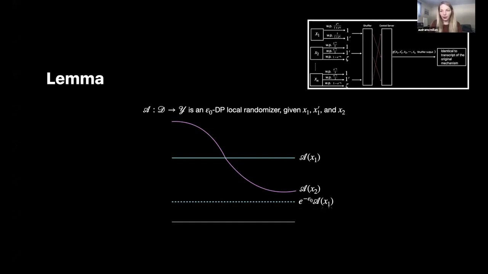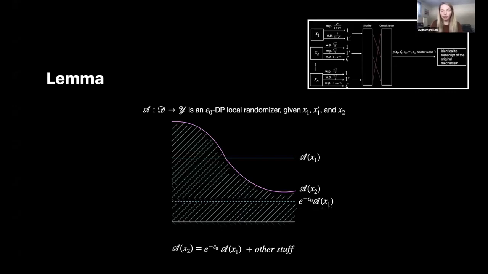This is exactly what the guarantee means. So I can write A of x2 as e to the negative epsilon times A of x1 plus some other stuff. I can normalize this other stuff and say that A of x2 is a mixture of A of x1 and something else with these mixture components.